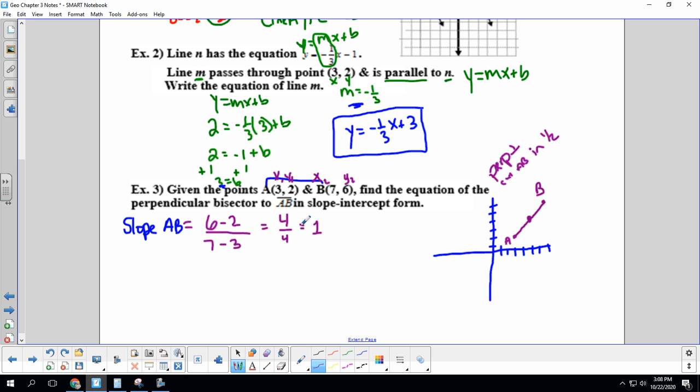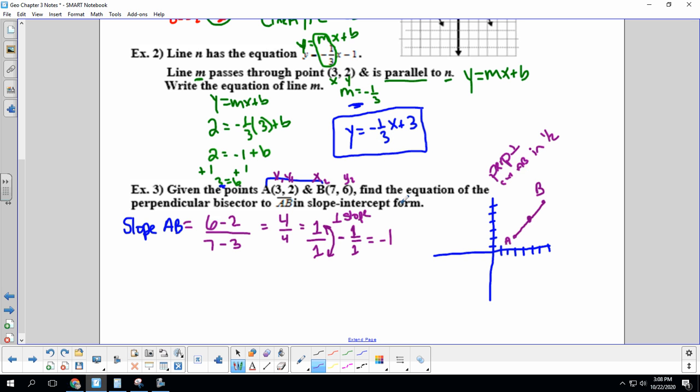If we get a whole number, we want to think of it in terms of over 1. And then what we're going to do is flip it and make it negative. So the perpendicular slope is the negative reciprocal. So it's negative 1 over 1, which is just negative 1.